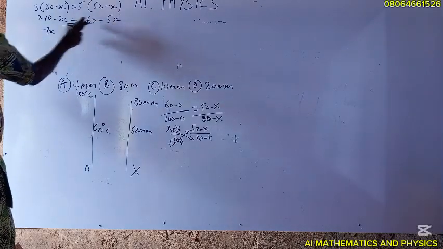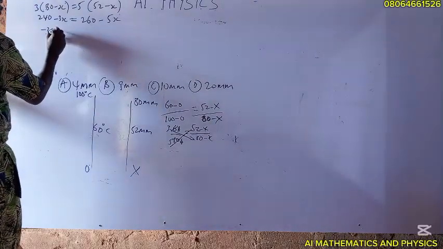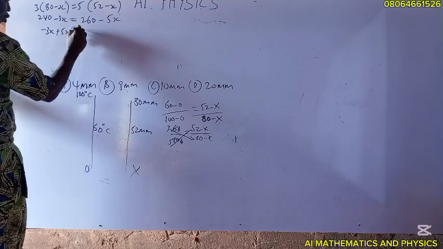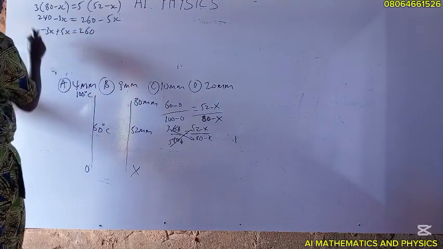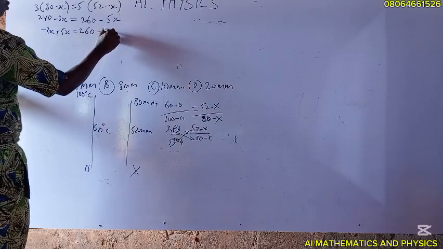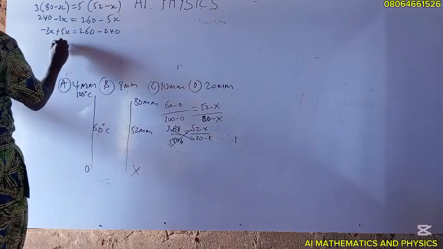This one now crosses the equality sign, you change sign to plus. Equal to. This one still remains because it has not crossed. You write it there. This one also crosses, it will be minus 240. Minus 3x plus 5x, that's 2x.